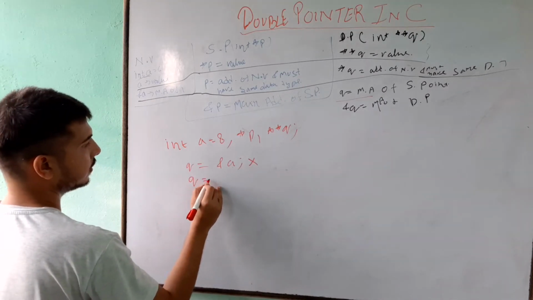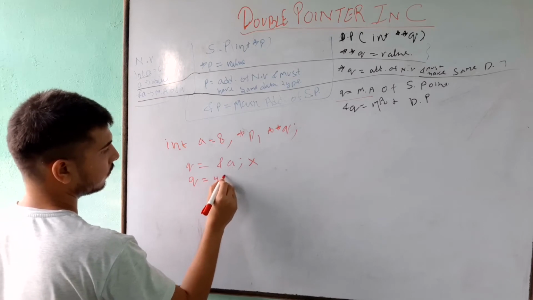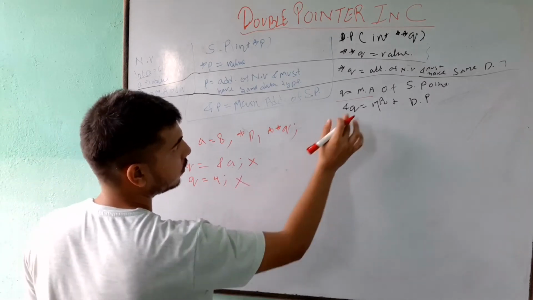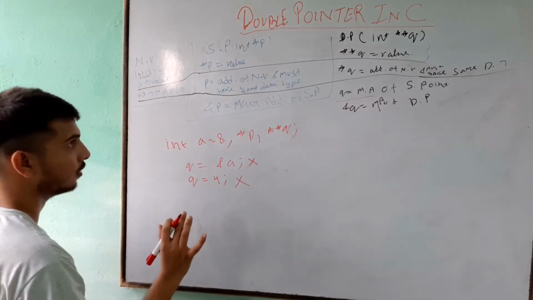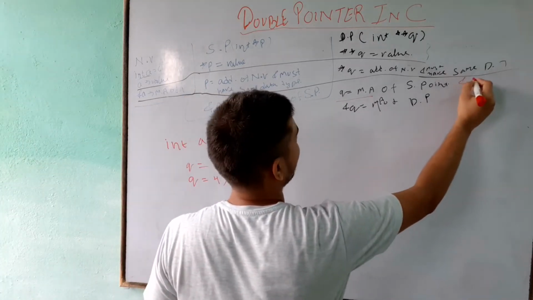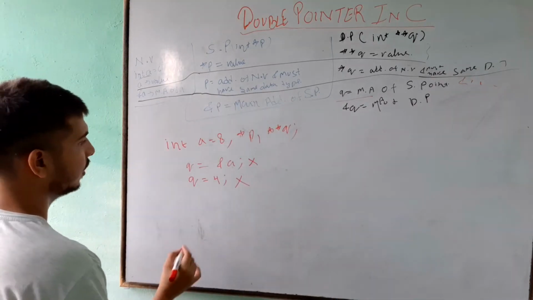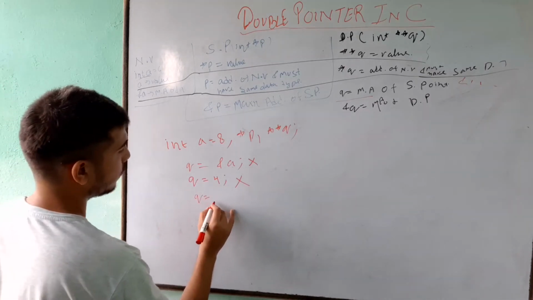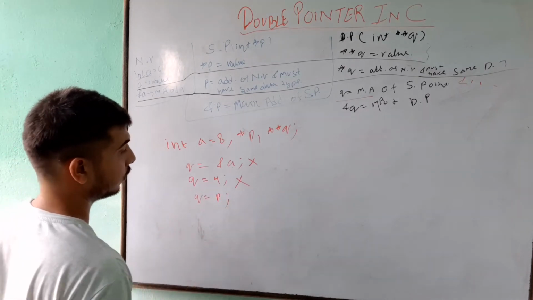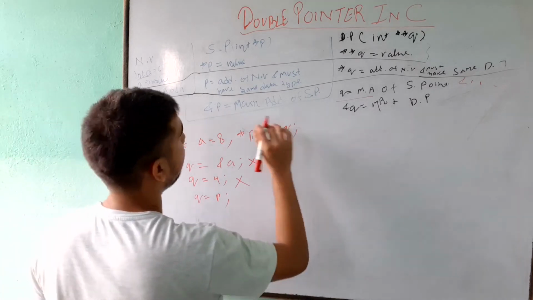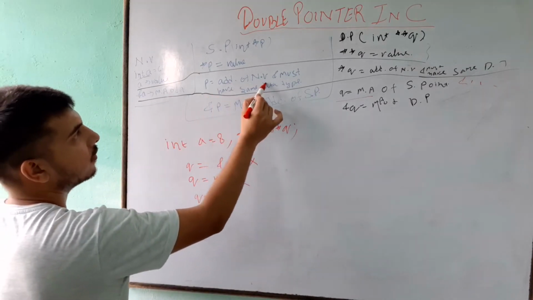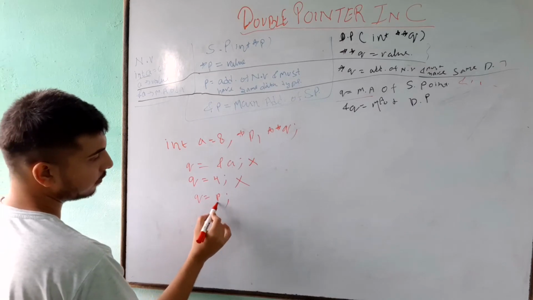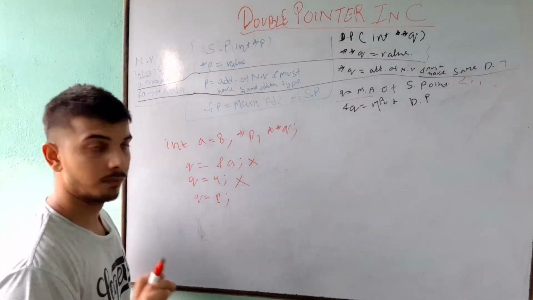Now if I write Q is equal to 4, it is also wrong because Q can only hold the address of a single pointer and also of the same data type. This is the same for all. Now if I am writing Q is equal to P, we know that P can only hold the address of a normal variable, so this will be holding the address of a normal variable.